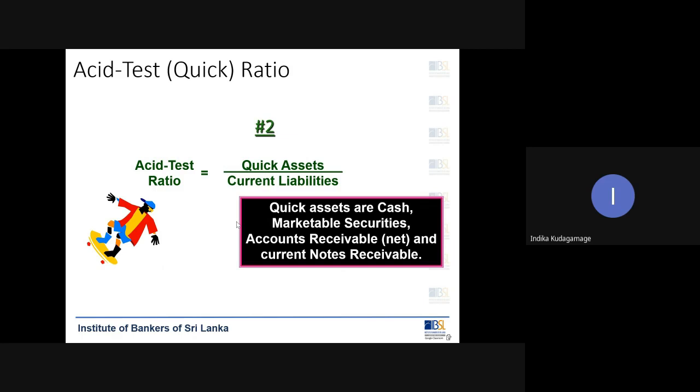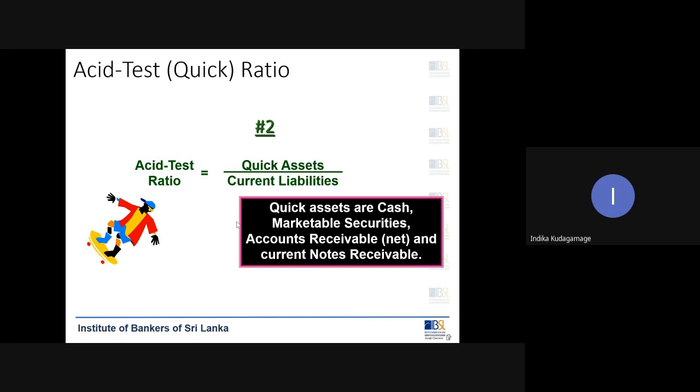That is the acid test or quick ratio. That means what is the coverage the current liability people have from the current assets, where we exclude the inventory, the hardest to convert to cash, right?